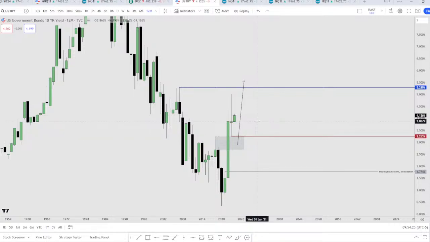Because naturally if dollar is to go higher, indices is going to go lower.